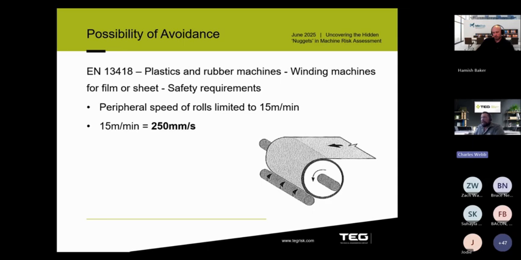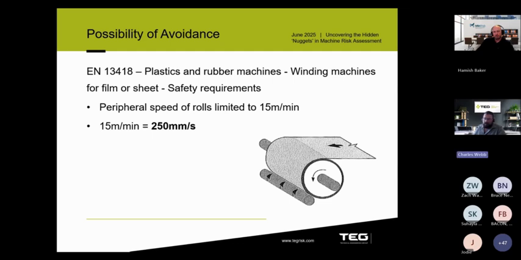Another good example is plastic winding machines. For winding up film or sheet onto a roll, we've got some safety requirements. One example, there's different modes of operation, but one of them is if you need access into the machine, so you need to bypass the safeguards, the light curtains or whatever that are on the machine, you're required to limit the peripheral speed of those rolls to 15 meters a minute.